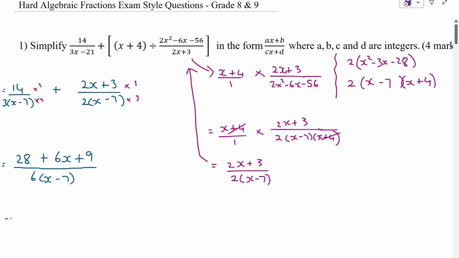And that leaves us with a final answer of 6x plus 37 over 6 times x minus 7. And we need it in this format, so I'm just going to multiply out this bracket here. 6x minus 42, where a is 6, b is 37, c is 6, and d is minus 42.